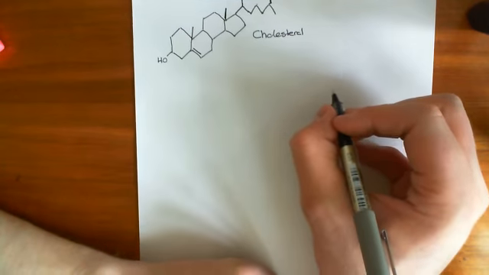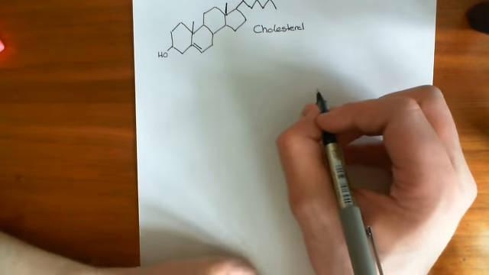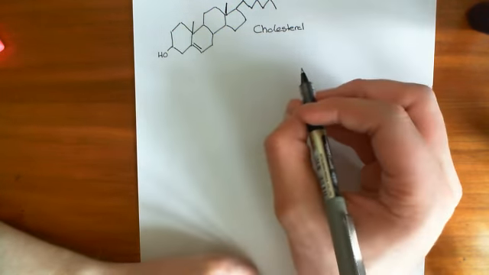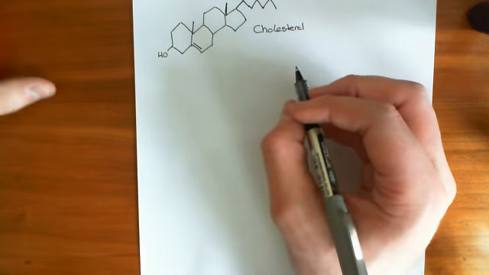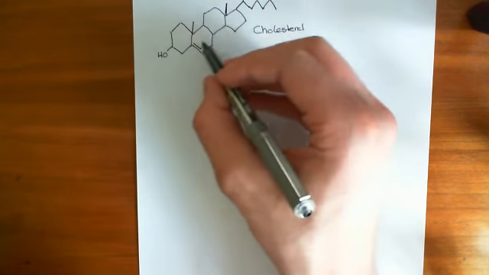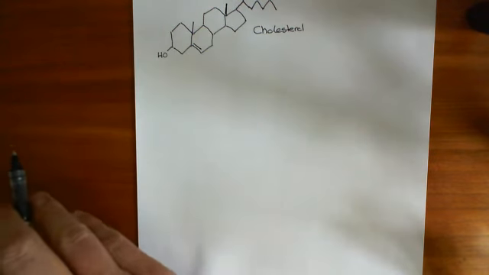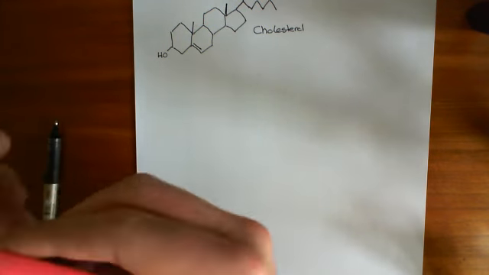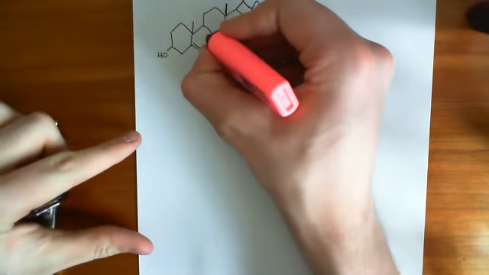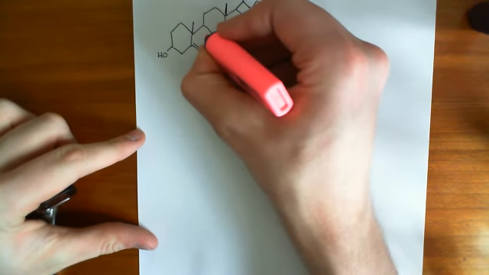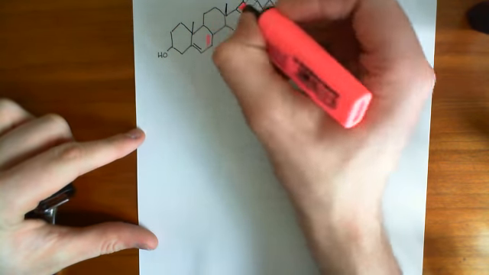Now let's do the structure of ergosterol. Okay, so ergosterol has a very, very similar structure to cholesterol, so I will draw it on top of here. I'll draw the little modifications that you make to turn this molecule into ergosterol, and I'll draw them in pink. So, to turn this molecule into ergosterol, you firstly turn this bond here into a double bond.